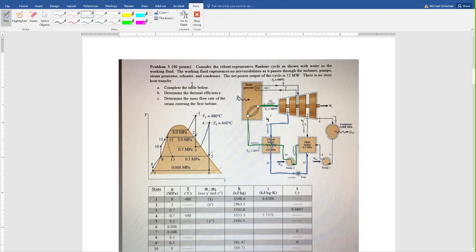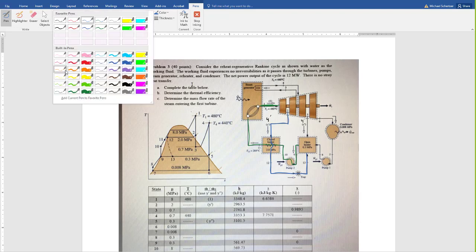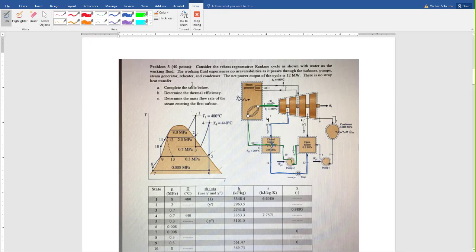Then going through this component, I might run out of colors here. We'll try orange. That was Y there. So it's 1 minus Y through this second turbine, through the reheater, into this turbine. This is 1 minus Y. And then purple, this is going to be Y prime, Y double prime, I guess.